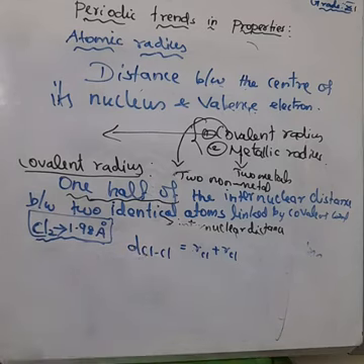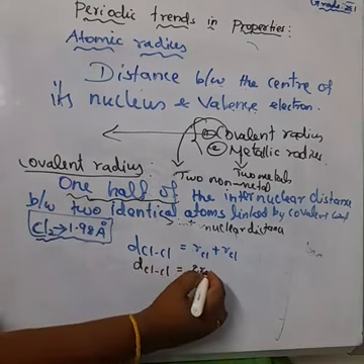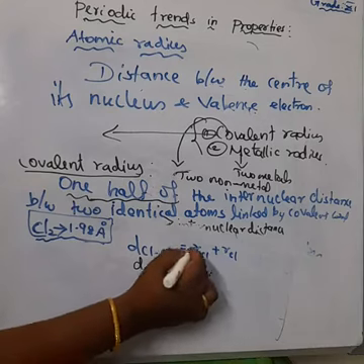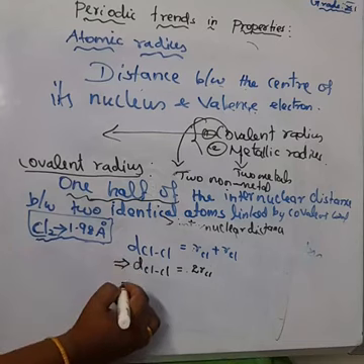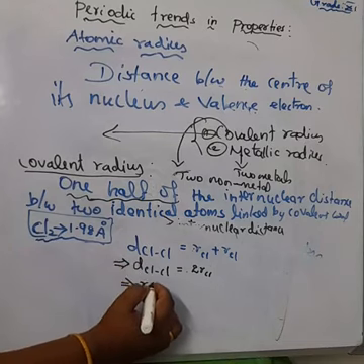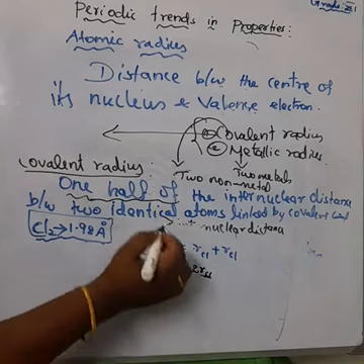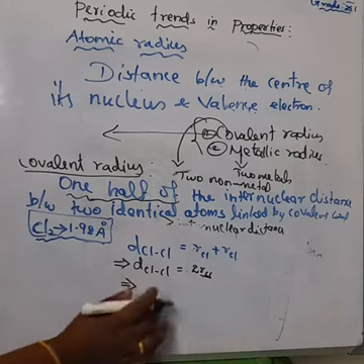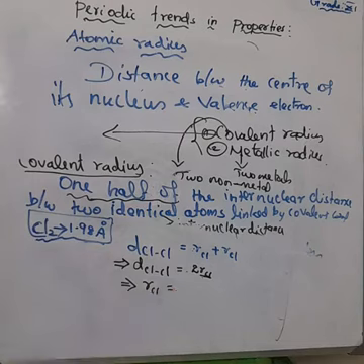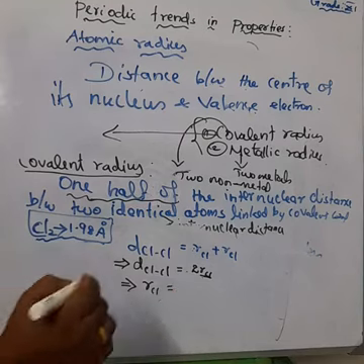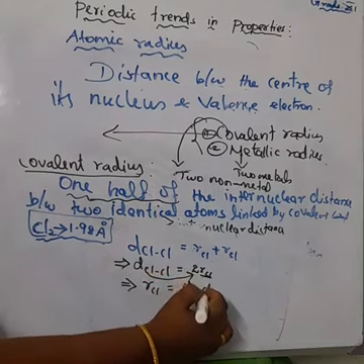So D, the distance between chlorine and chlorine, is equal to 2 into R Cl. To find the covalent radius of the chlorine atom, R Cl is equal to D, the distance in the chlorine molecule, divided by 2.